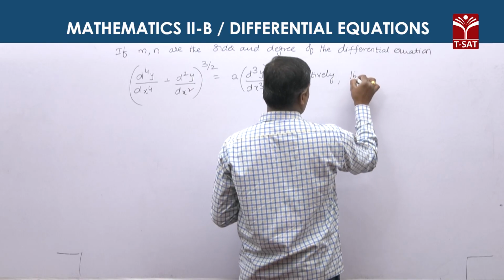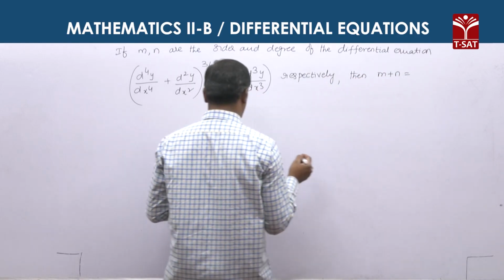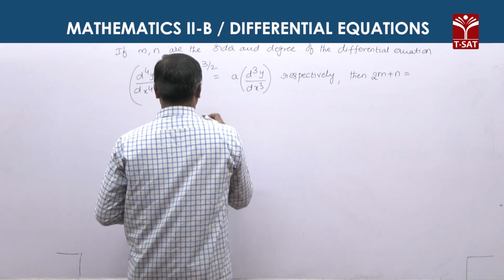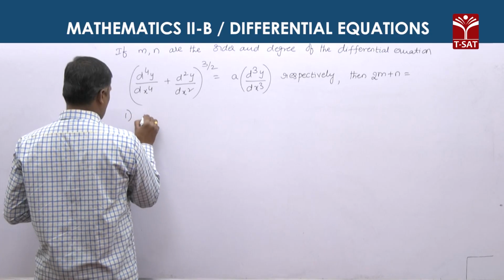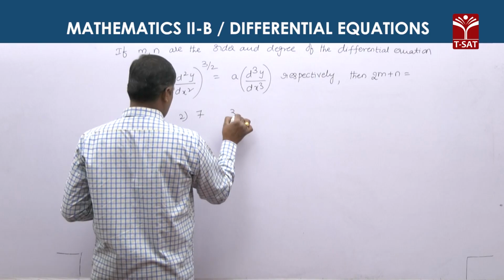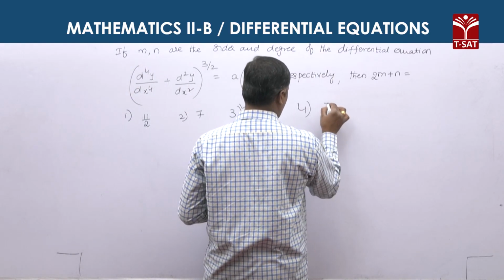Then m plus n is equal to 2m plus n. First option 11 by 2, second option 7, third option 11, and fourth option 7 by 2.